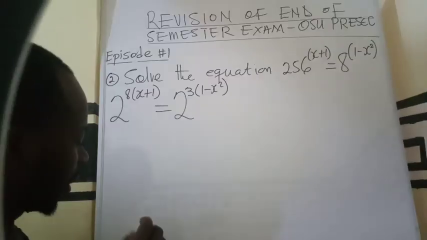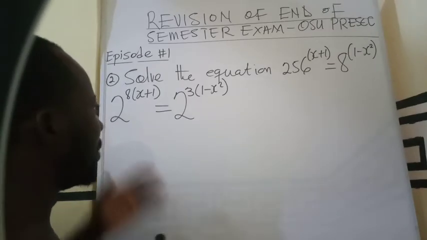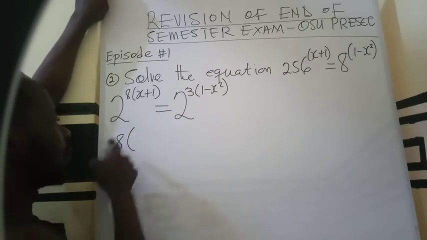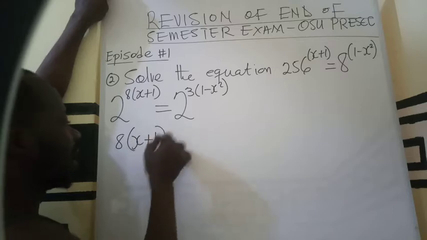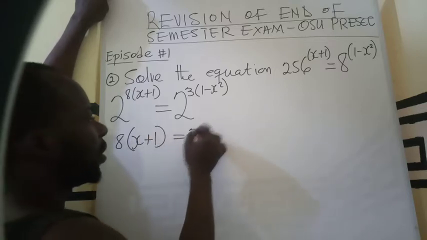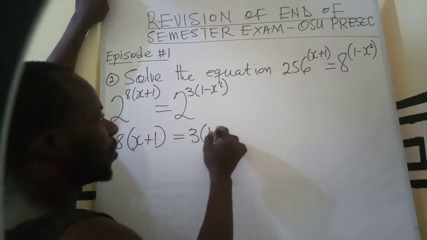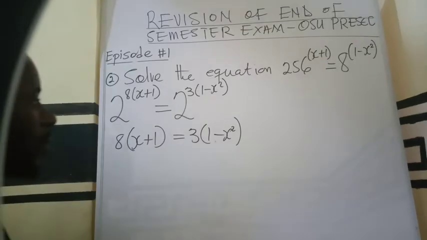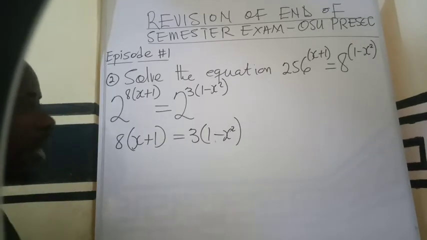So we know in indices, we said if the bases are the same, we equate the exponents. So now we are going to equate the exponents, which will be 8 times x plus 1 is equals to 3 times 1 minus x squared. So now this becomes a linear equation.